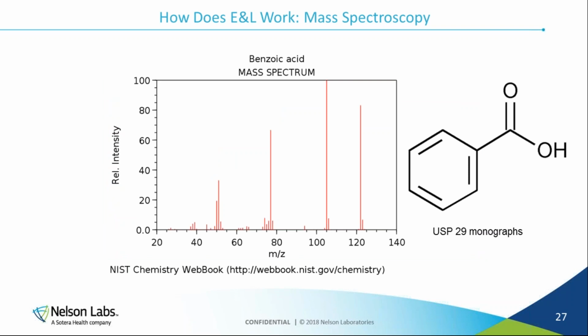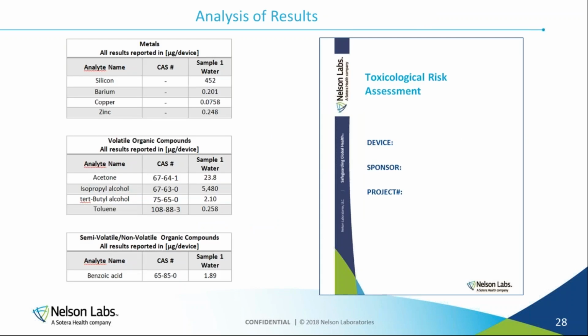And then we put it through a mass spectrometer, and we can see that it's actually breaking it out to the individual atoms and bonds, and then we can put together that this mass spec is for benzoic acid. So this is the type of chemistry data that you would see from these results displayed in the table here on the left-hand side. And so if you looked and saw this data, we still don't know what this means to a patient. And that's where we move on to the toxicological risk assessment.